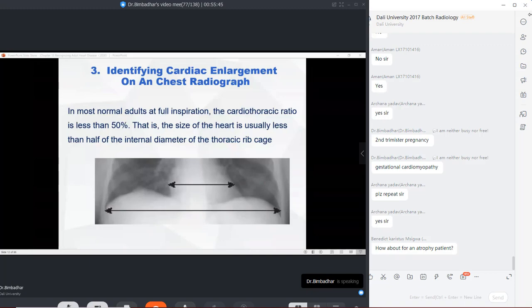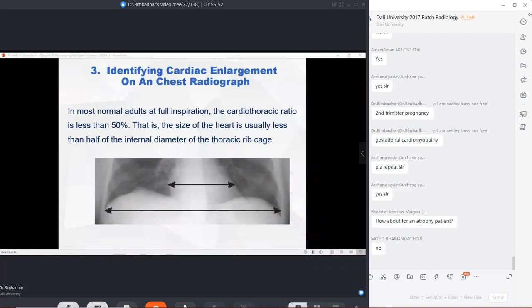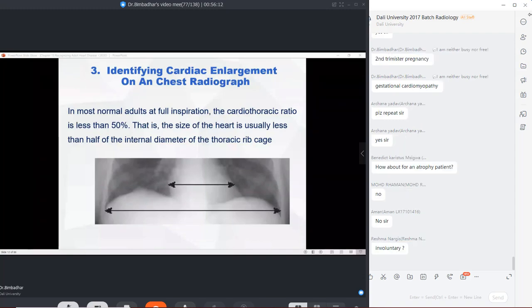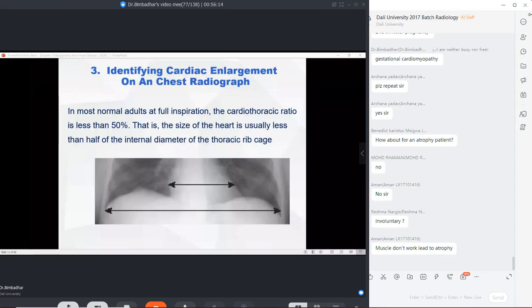Benedict asks a very interesting question. How about in an atrophy patient? Okay, what is the reason for atrophy? What is the most common reason for atrophy? Benedict, what is the reason for atrophy? No, let Benedict answer.